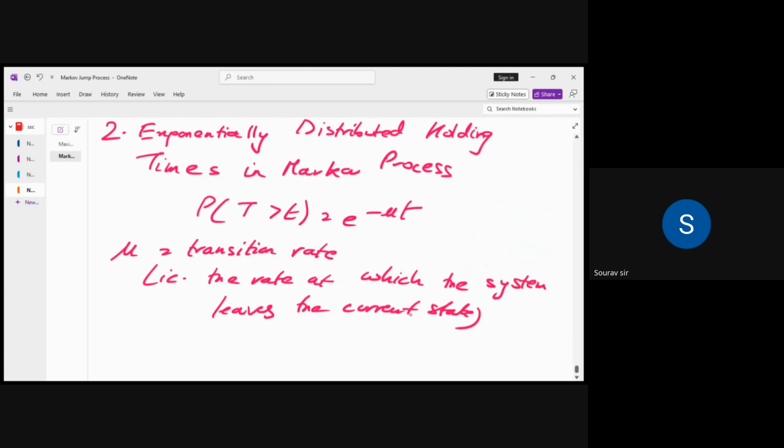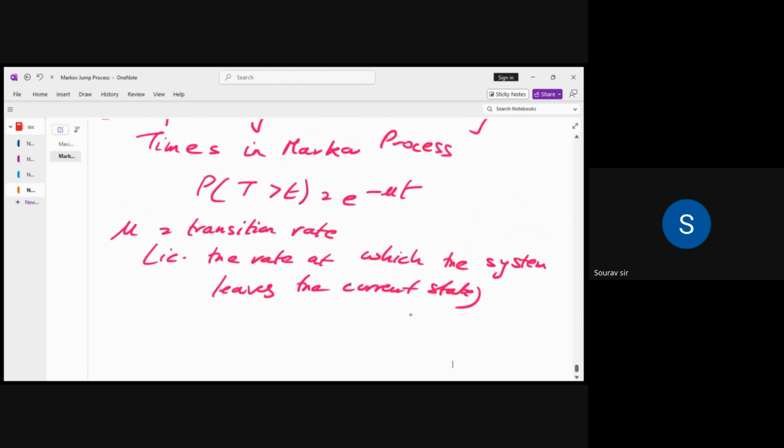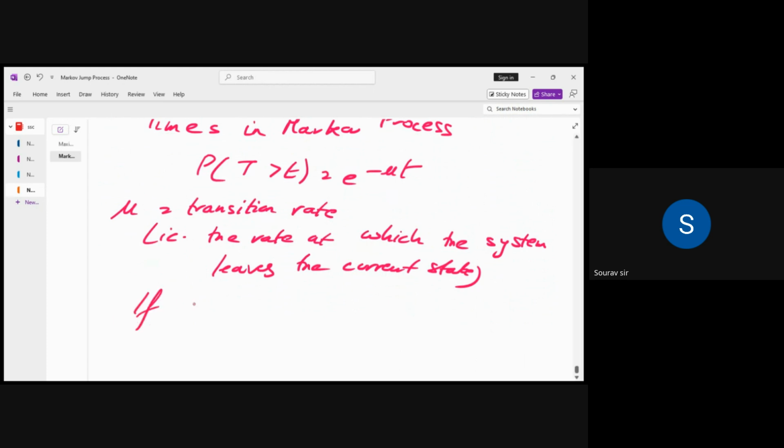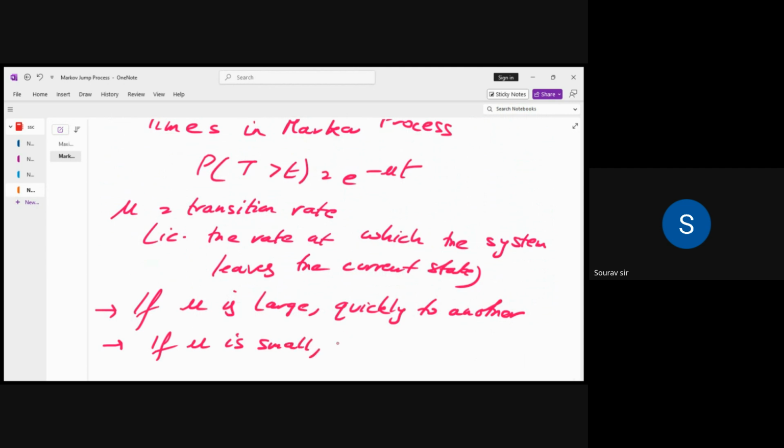So if this transition rate mu is large, then the system transitions quickly to another state. And if mu is small, then the system lingers in the current state.